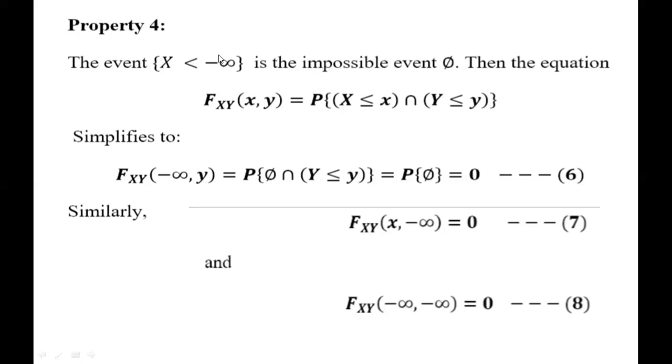The random variable should be less than minus infinity. We know that the random variable lies between minus infinity and plus infinity. Within the range, we have the defined CDF. Below minus infinity, the probability of getting the event is 0. So therefore, the CDF of minus infinity comma minus infinity is also 0.